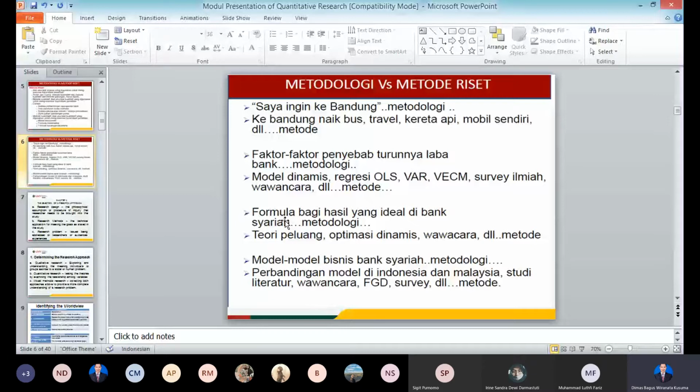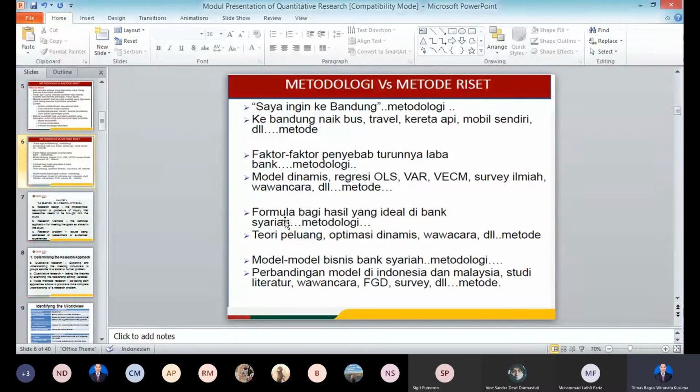So from this very simple example, you can conclude that methodology is the overall or big direction where you will go, and the method is the tools to reach your goals.